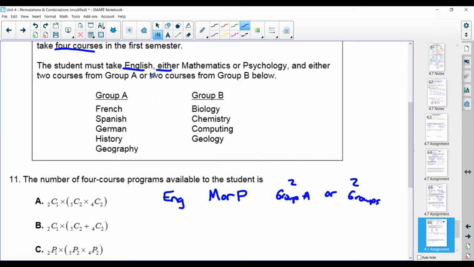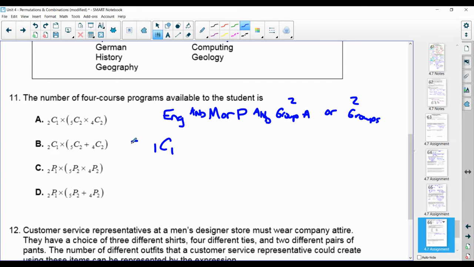So we consider this. We have 1 English course, and they must take English. So that's 1, choose 1. They have to take math or psychology, and they have to take group A or group B. So the English, there's 1, choose 1.